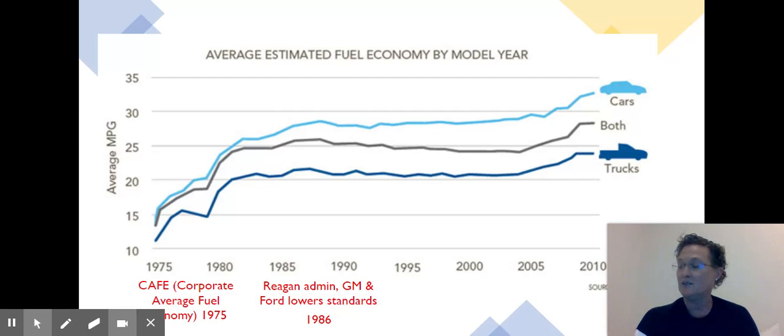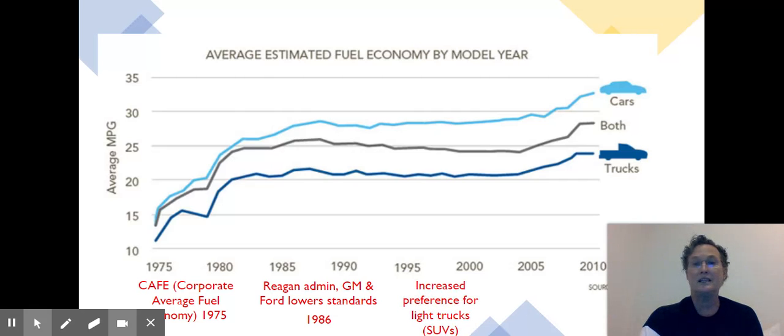The Reagan administration deregulated and lowered the standards to help the energy industry, and that happened in 1986. And then the increased preference for light trucks and SUVs kept that going, and you can see that here. There was no increase in energy efficiency all through the 80s, 90s, and 2000s.